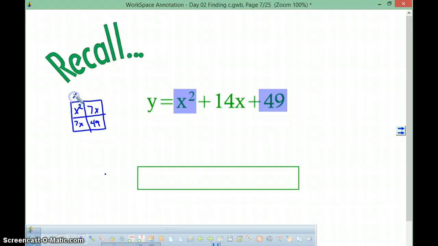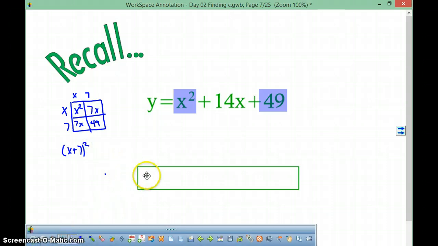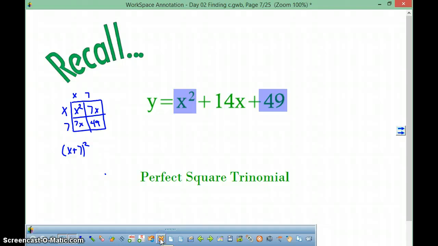Yes, you get x plus 7, x plus 7. It becomes x plus 7 squared. This is a perfect square trinomial. Does that ring a bell? Take a look in the middle. How do those two numbers relate to each other? Well, they're both divisible by 7. This one is 7 squared. This one is 7 times 2.